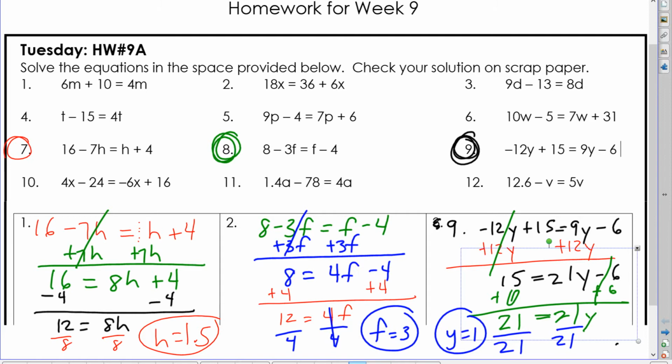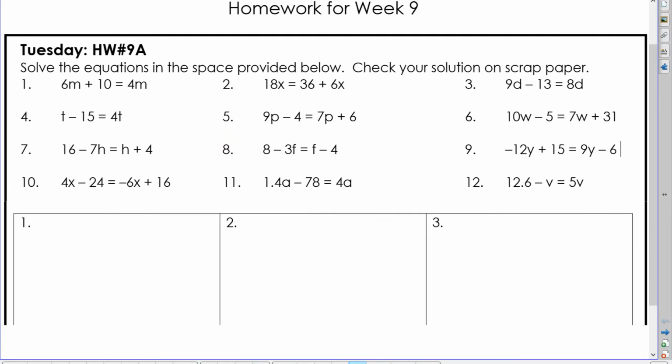All right, pause the video if you need to look at these examples a little bit longer. I'm going to move on to the last row. So number 10. 4x minus 24 equals negative 6x plus 16. So I have a 4x and a negative 6x.